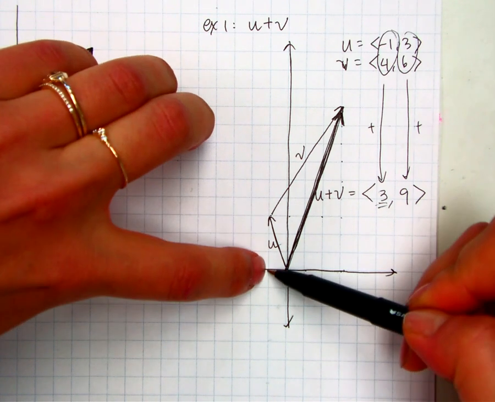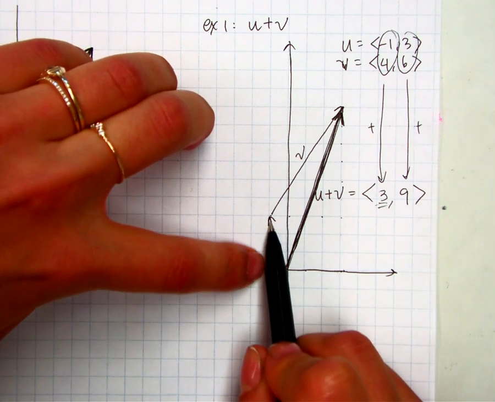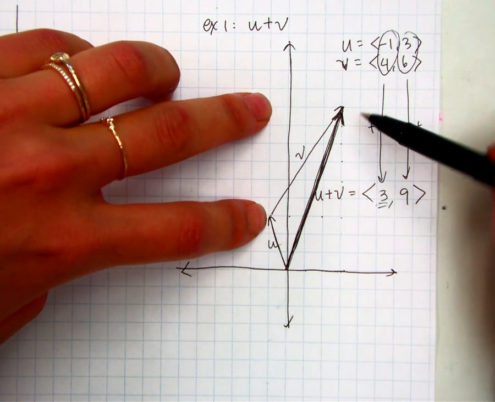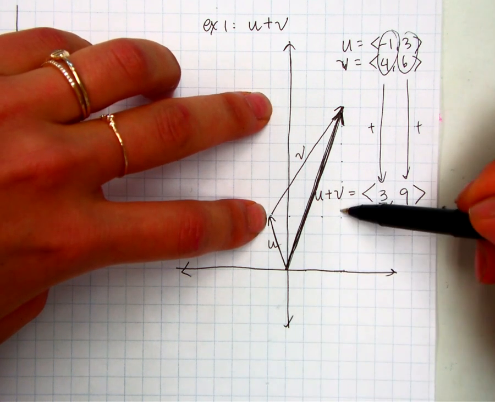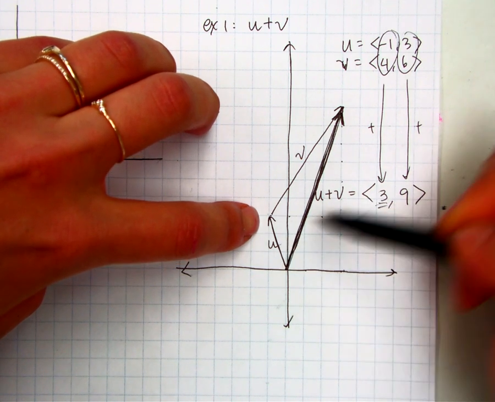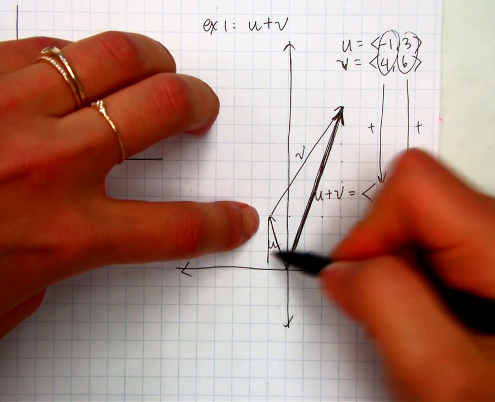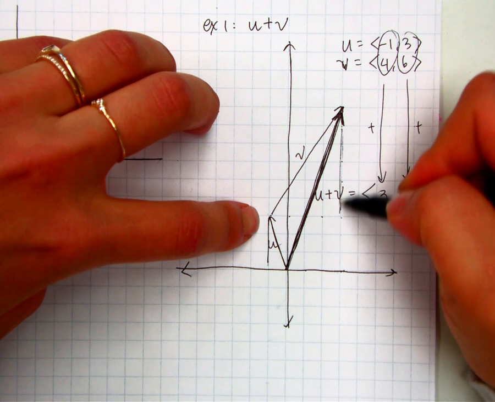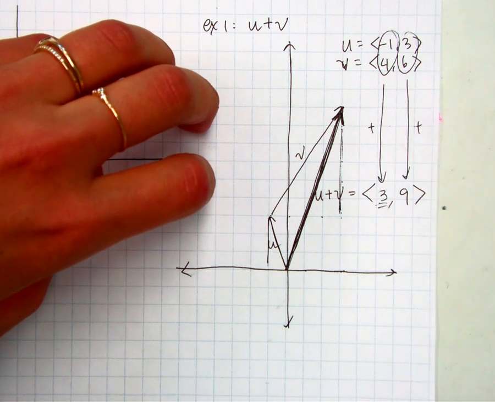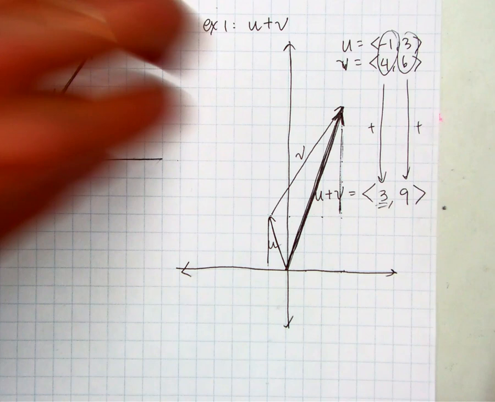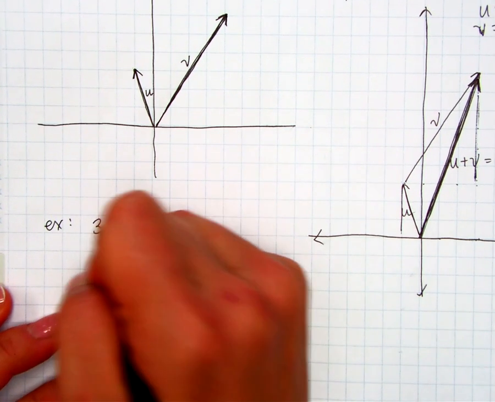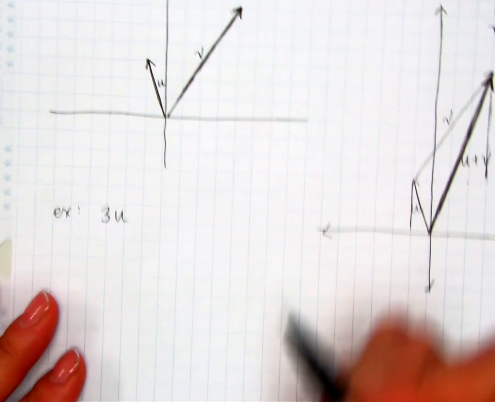I moved up 1, 2, 3, and from here, I moved up 6 more. Right? So I'm just adding this 3 over here with this 6 over here. So the 3 plus 6 will give me 9. Okay? What happens if I multiply, for example, 3 times u?